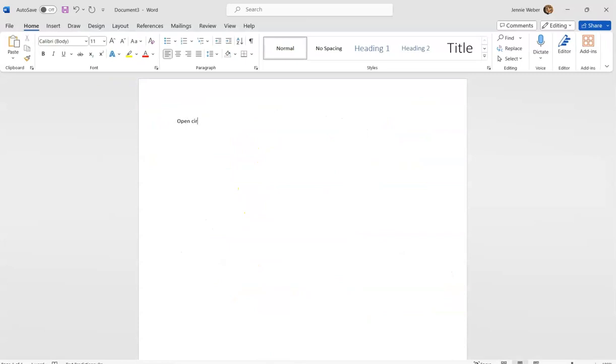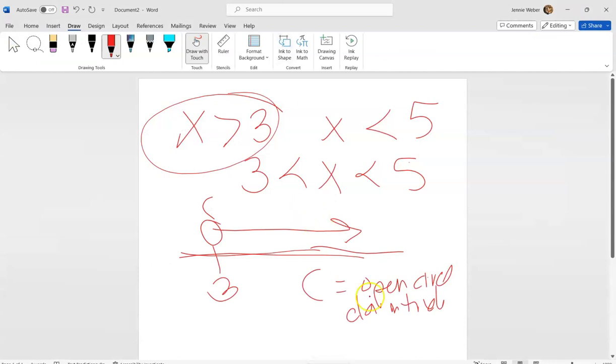Our old open circle means not included, and this is less than or greater than without the sign underneath it. In interval notation, you use a parenthesis to represent less than or greater than without the line. We'll come back to this in a minute.